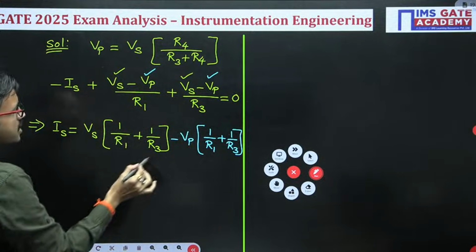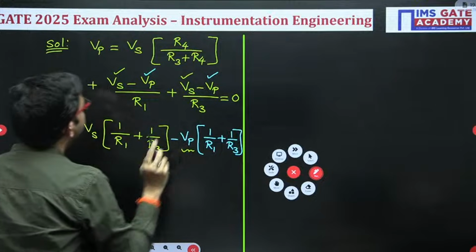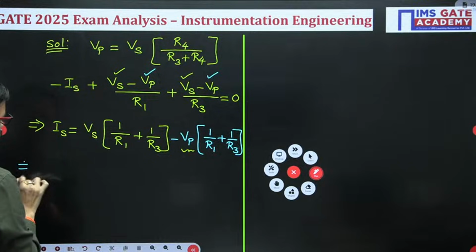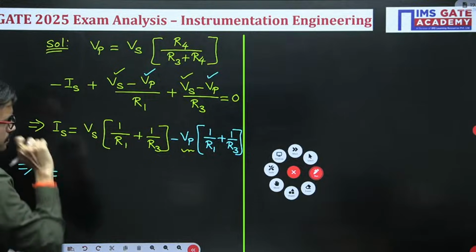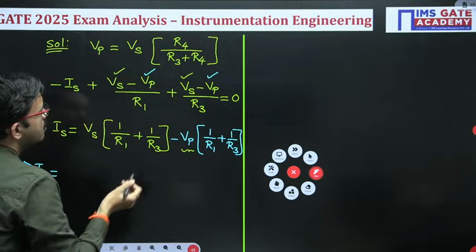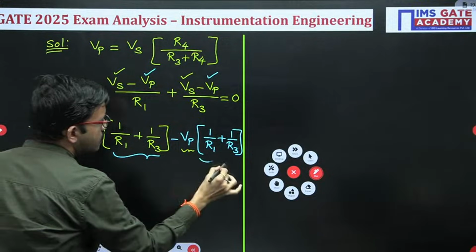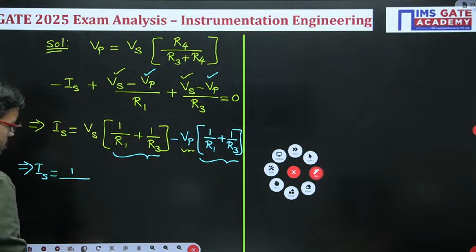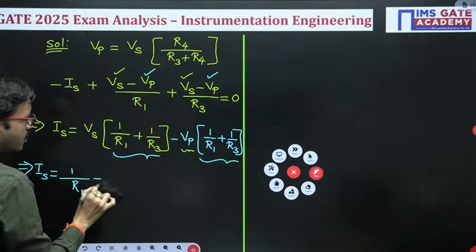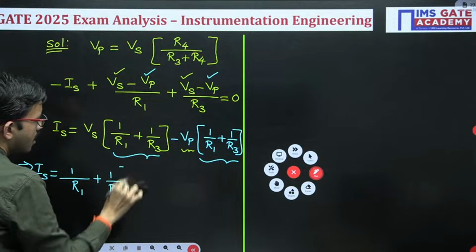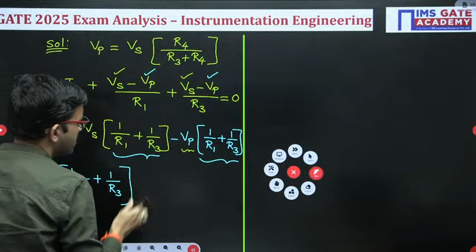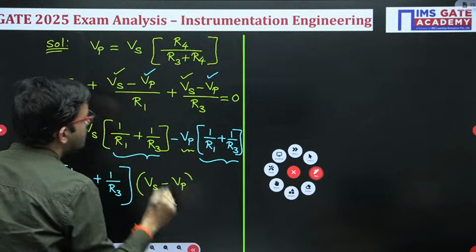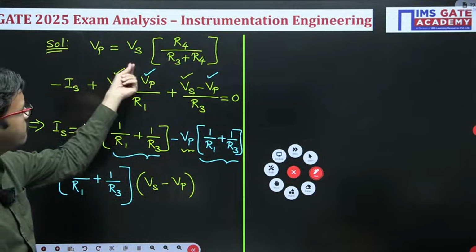Now in place of Vp, this expression you can substitute here. So from here we are getting Is equal to, since this particular term is common in both the expressions, I am taking 1 by R1 plus 1 by R3 as common. After that, we have Vs minus Vp. Now here Vp is nothing but Vs into this expression.